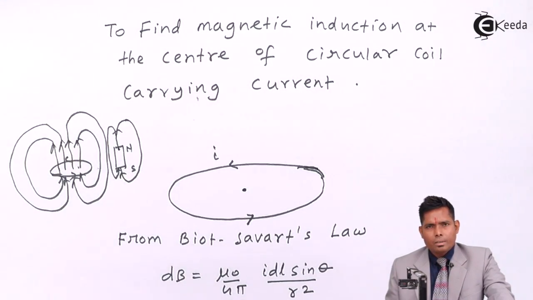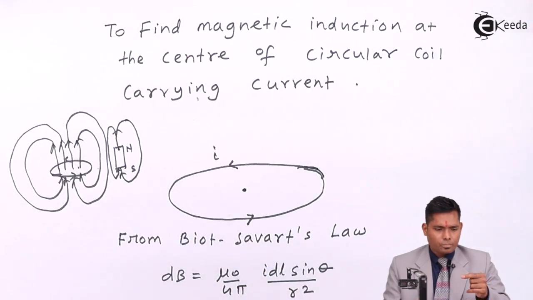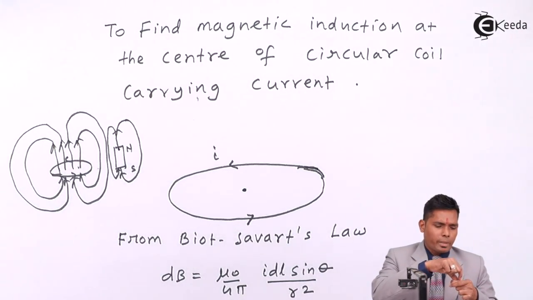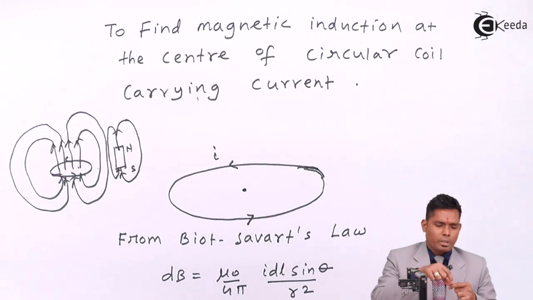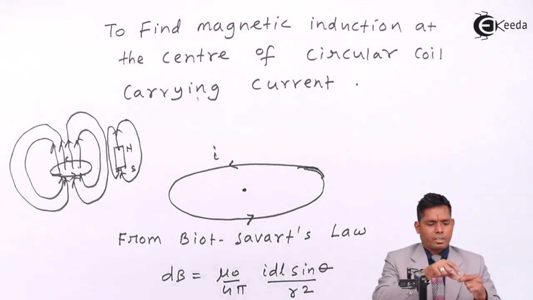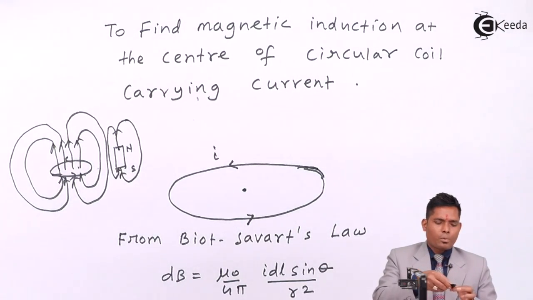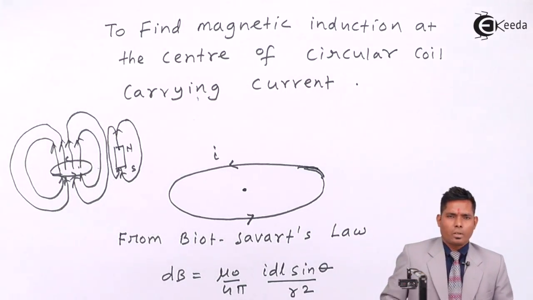You can also say that if I take a small part of the loop in this coil, that small part is a straight conductor, just like this. These small conductors then complete the coil.